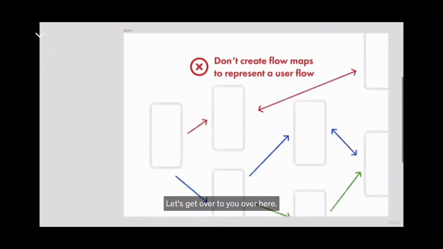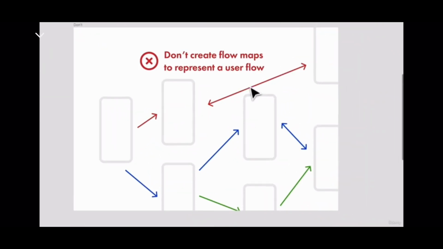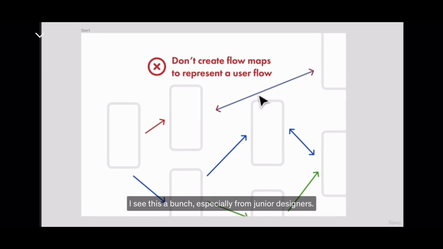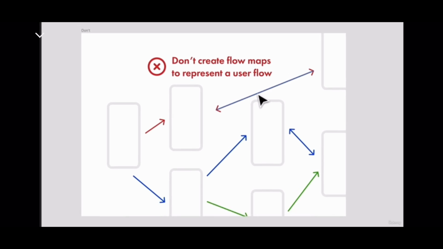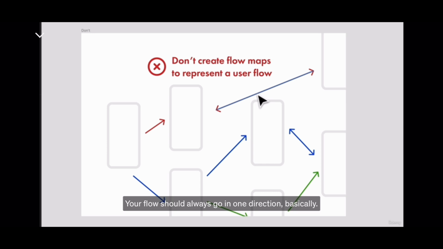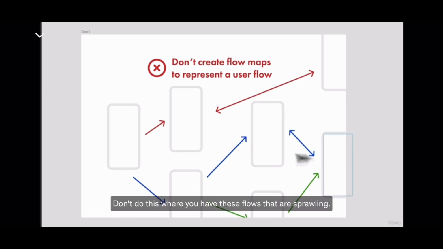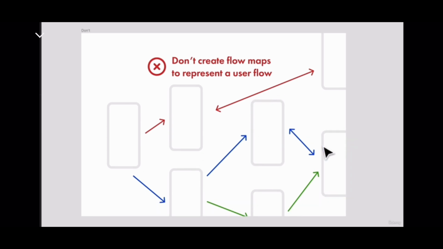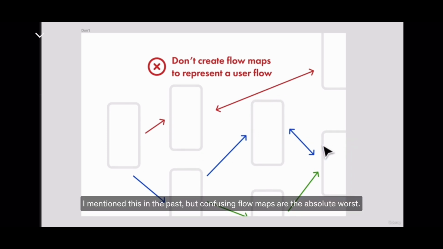Let's go over to the next one. I see this a bunch, especially from junior designers. Your flow should always go in one direction, basically. So don't do this when you have these flows that are sprawling. I mentioned this in the past, but confusing flow maps are the absolute worst.